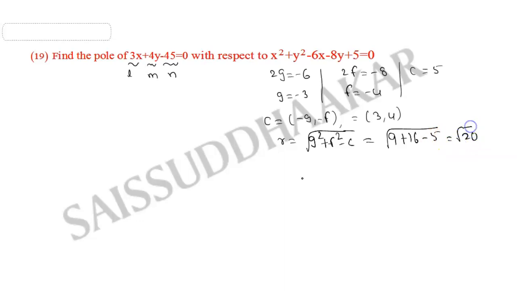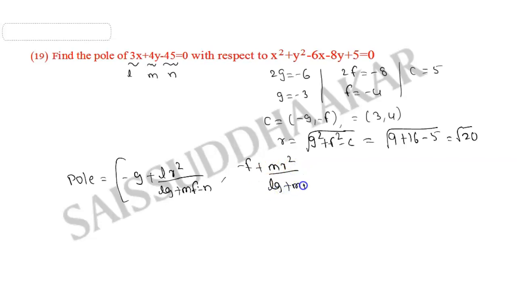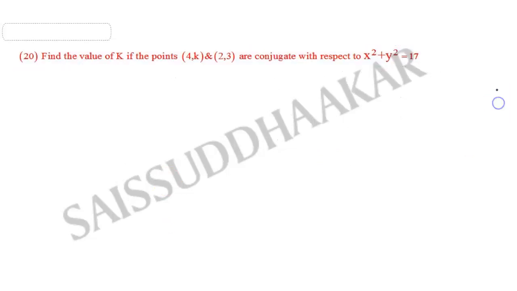Root 20, right? Here the formula for that pole is minus G plus LR square by LG plus MF minus N, comma minus F plus MR square by LG plus MF minus N, right? You substitute here, get that value. Okay, right. Now go for the next question, number 20.